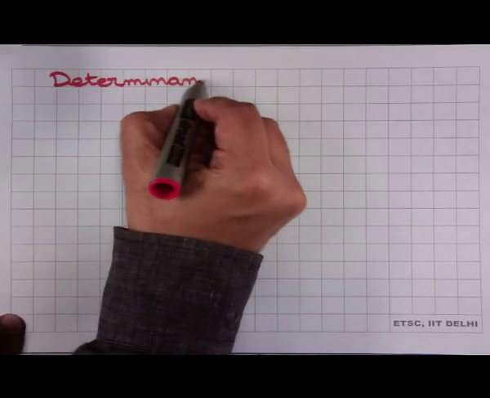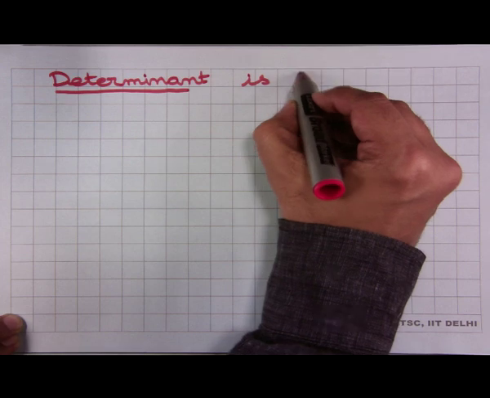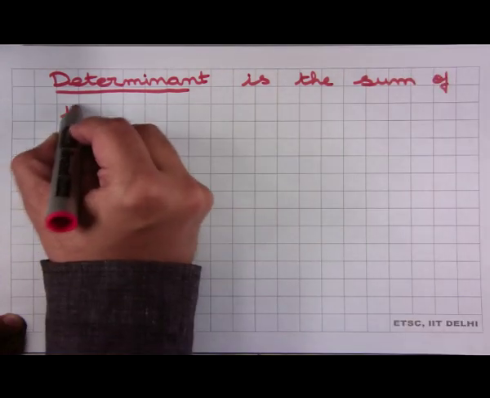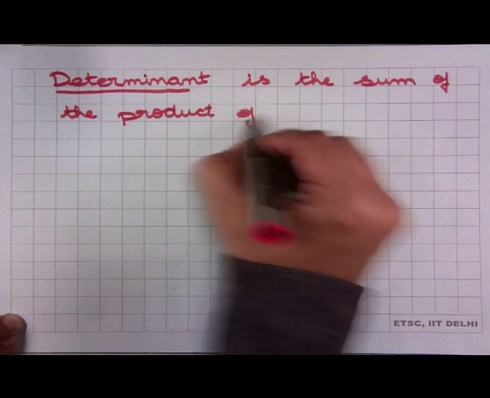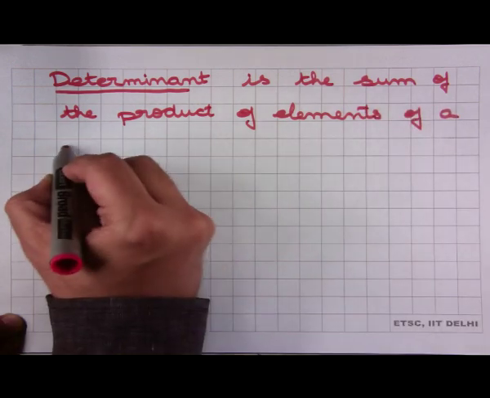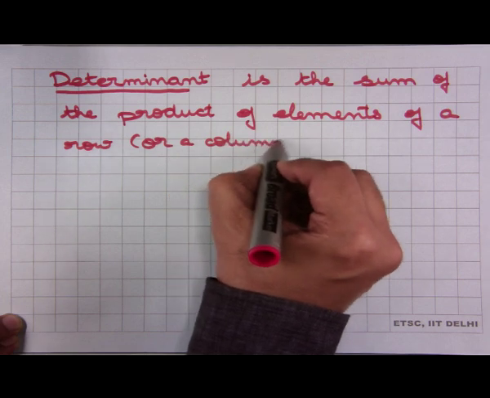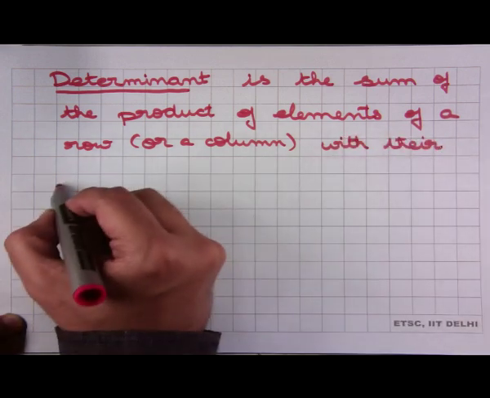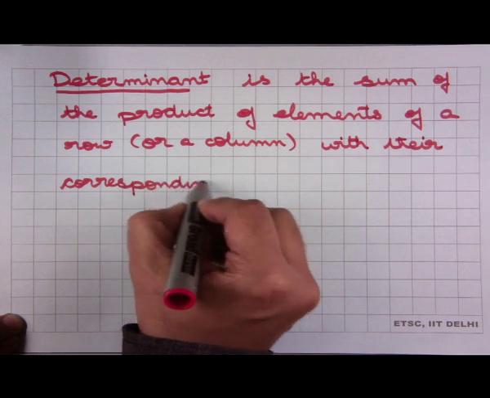The determinant is the sum of the product of elements of a row or a column with their corresponding cofactors.